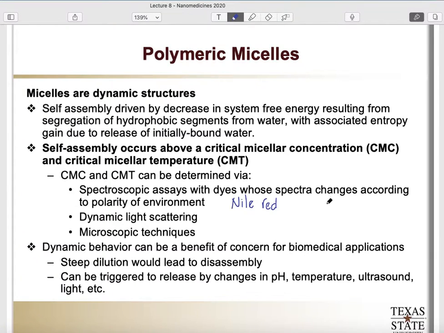So typically what we would do would be to investigate the fluorescence here on my y-axis as a function of the concentration of the polymer. And typically it's going to be in a log scale. So this is the log of the concentration of the polymer.